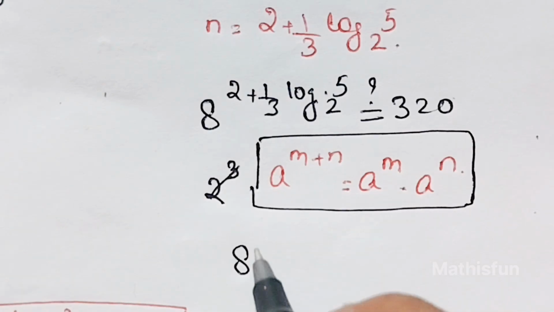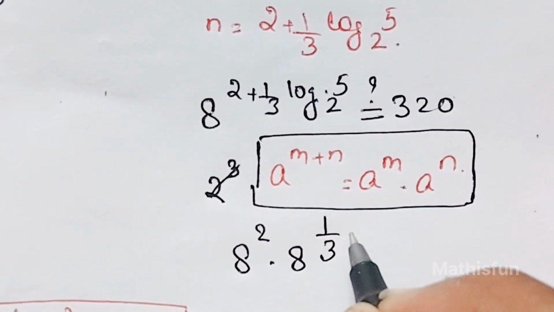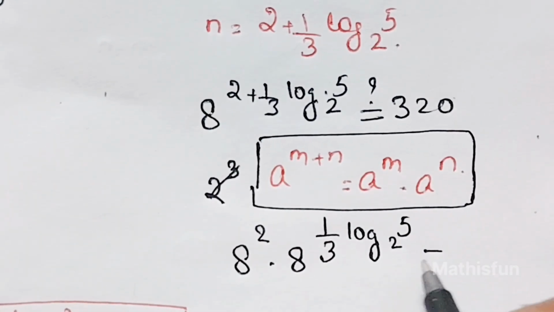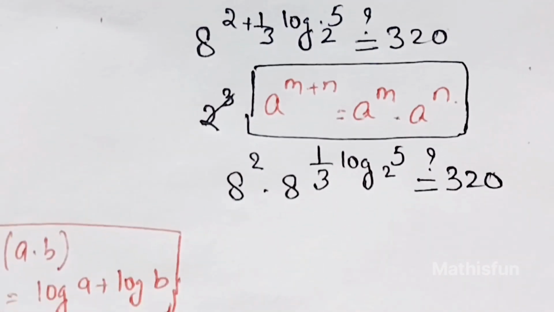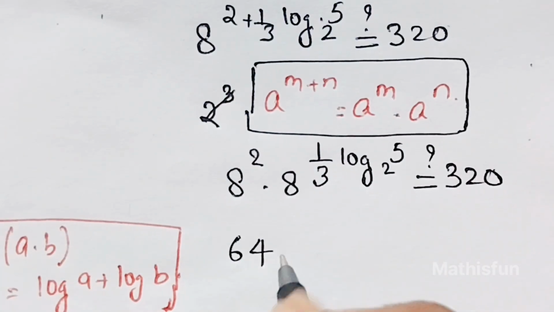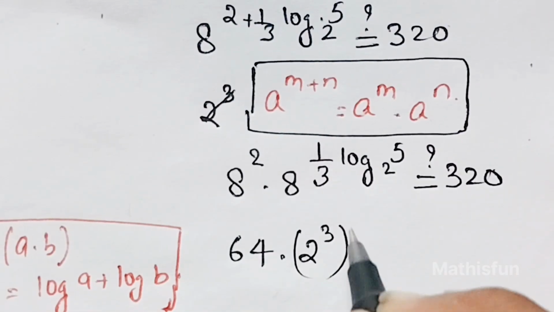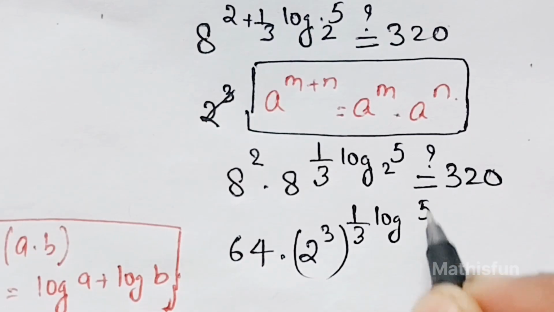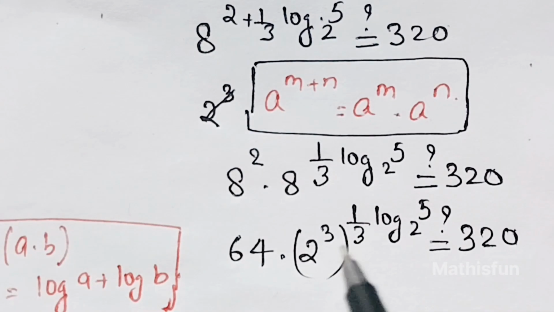So this becomes 8 to the power 2 into 8 to the power 1 upon 3 log 5 base 2 is equal to 320. 8 square is 64. 8 can be written as 2 to the power 3, whole to the power 1 over 3 log 5 base 2, is equal to 320.